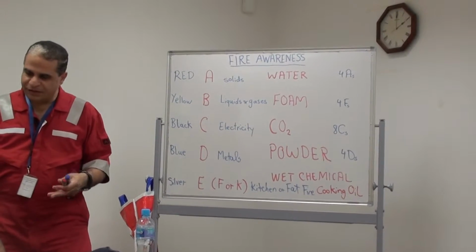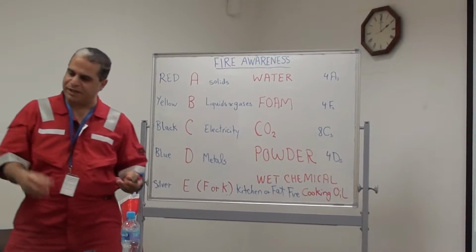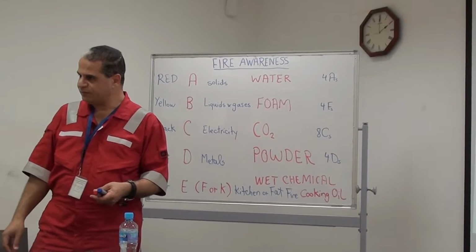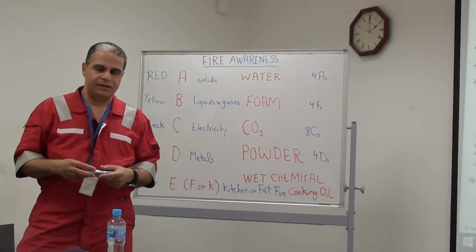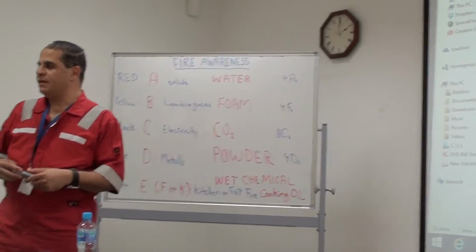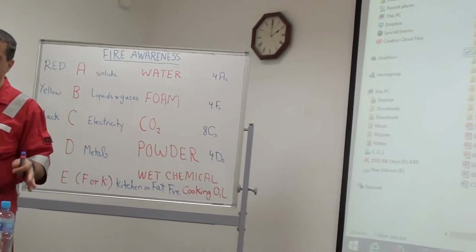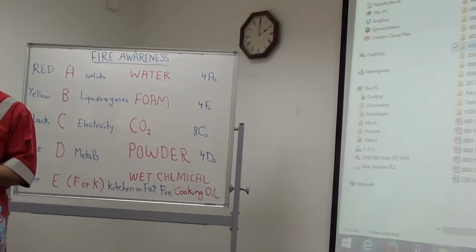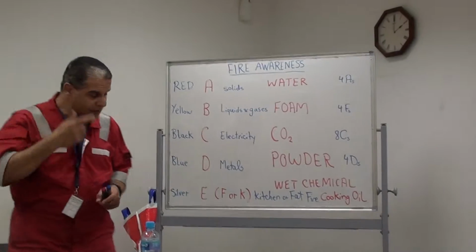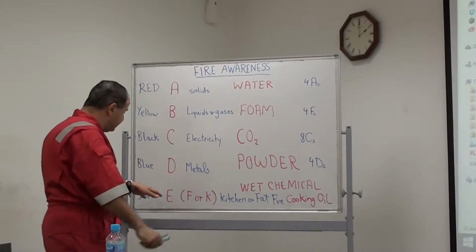It means you will create a bomb inside the kitchen. This is why the first piece of advice to the ladies at home, in case of fire in the kitchen, please don't use water. Don't use water. So this is Class E.